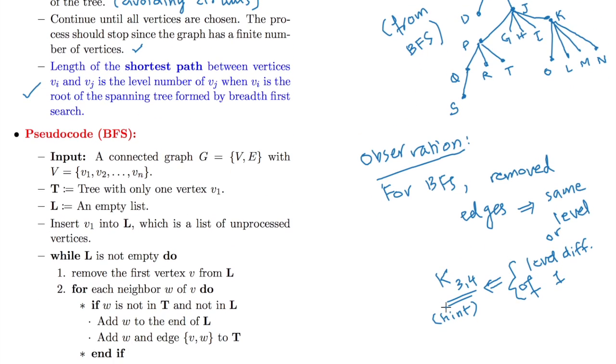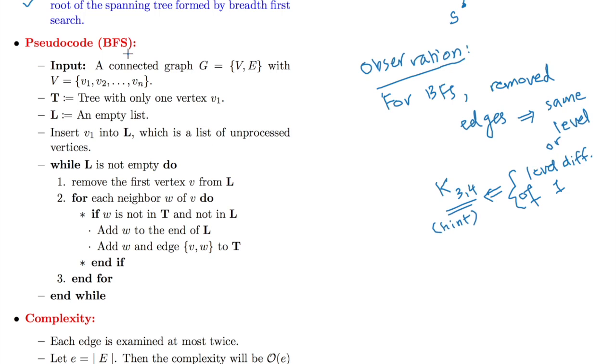Now for the pseudocode, how do we define it? We start with a connected graph with arbitrary ordering v1 to vn, and in the start we have the tree T with only one vertex v1, and we have an empty list L. First we put this root into the empty list, and this list is a list of unprocessed vertices, which will be clear as we talk about it.